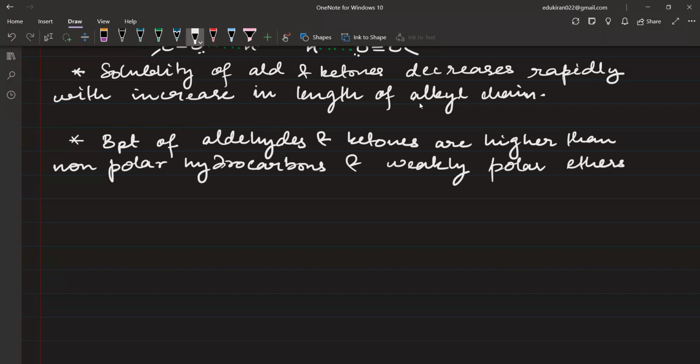Hydrocarbons mean alkane, alkyne, benzenes, all of these are hydrocarbons, and weakly polar ethers. Because aldehydes and ketones are strongly polar molecules, they have higher boiling point than ethers and hydrocarbons.